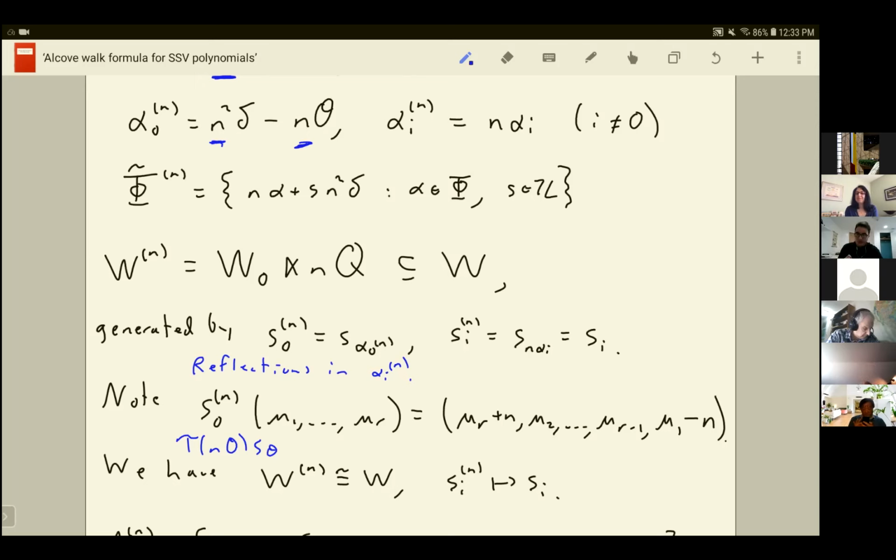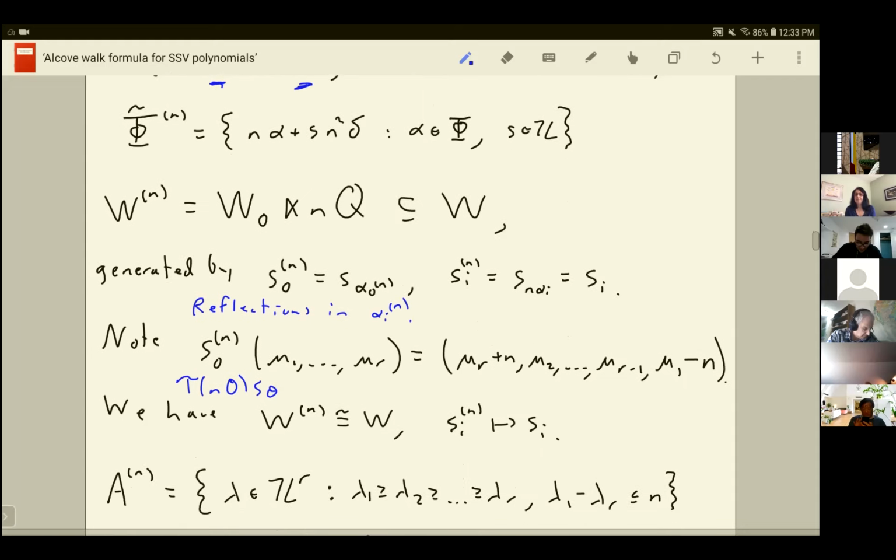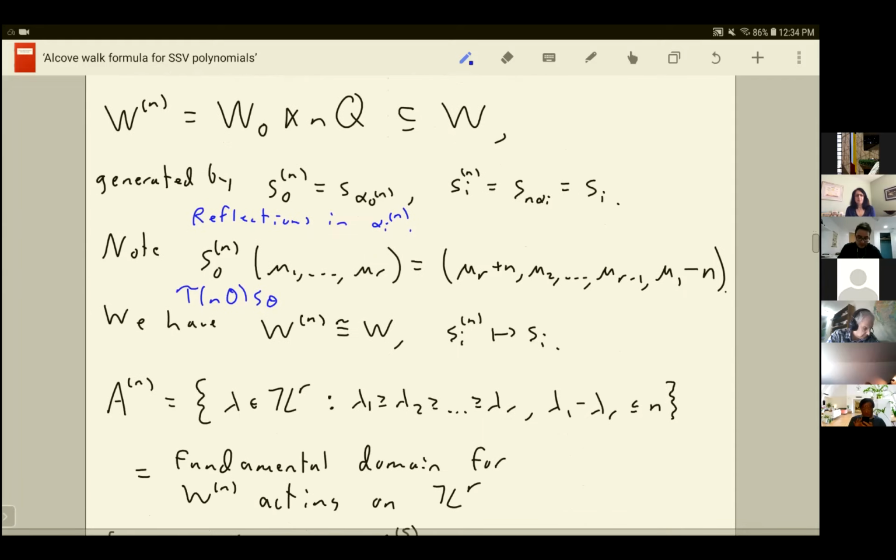By the way, this relates to the next line. If we look at the fundamental domain for the action of Wn on the weight lattice, then exactly as Siddhartha said, we enlarge the fundamental domain. We still have partitions, but the difference between the parts is now less than or equal to n.